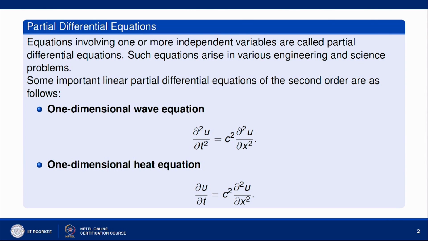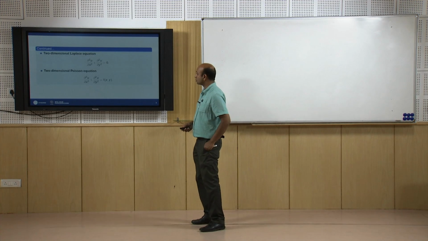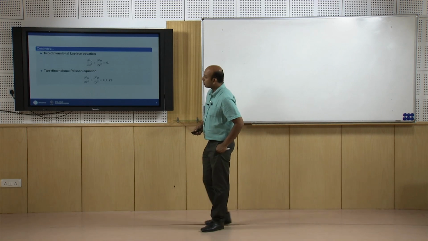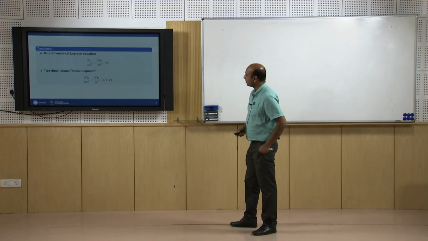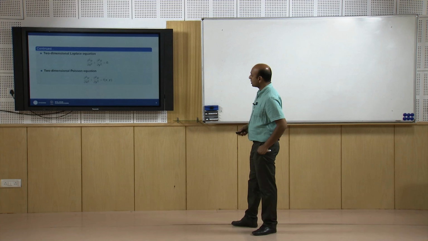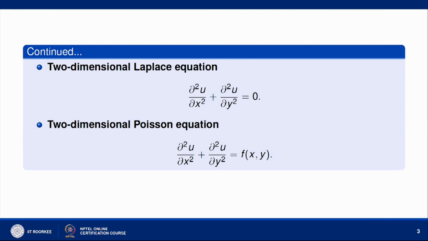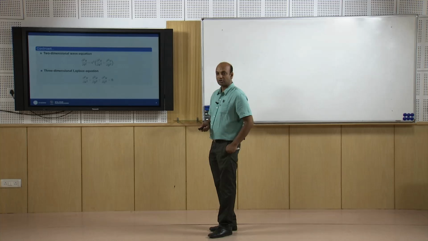The two dimensional Laplace equation is given by del square u by del x square plus del square u upon del y square equal to 0. The two dimensional Poisson equation is given by del square u upon del x square plus del square u upon del y square equal to f x y. Similarly, the two dimensional wave equation is given by this expression and the three dimensional Laplace equation is given by this expression. These are the important partial differential equations.